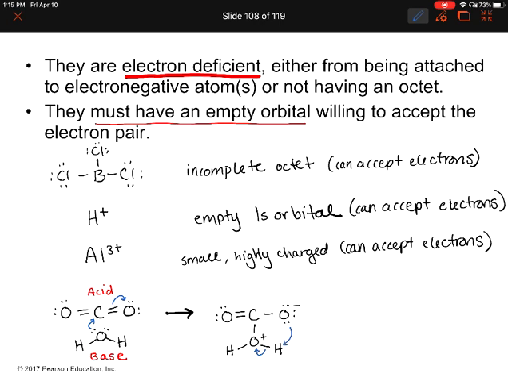Part of the reason that this occurs is oxygen would prefer to have a formal charge of 0. So if it can react with something to become more stable, it will. Now we'll end up with a carbon that's double bonded to 1 oxygen, and then it has single bonds with 2 OH groups.